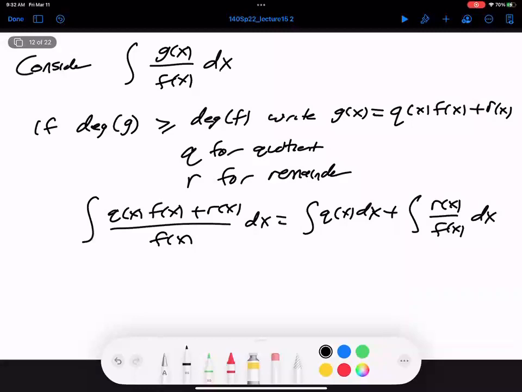And the whole point is when I'm trying to do partial fractions, I can always assume the numerator has smaller degree than the bottom. So here, the degree of r is less than the degree of f.